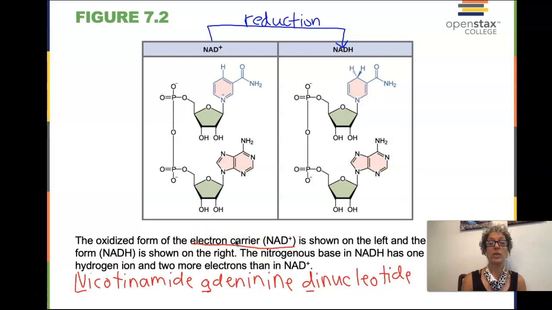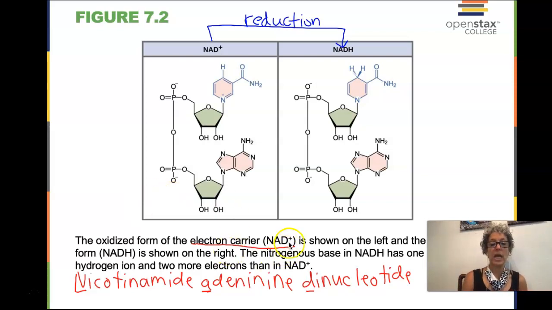Meaning, where there are other reactions in a cell that result in an oxidation, the loss or removal of hydrogens, the oxidized form of the electron carrier wants to gain those electrons.